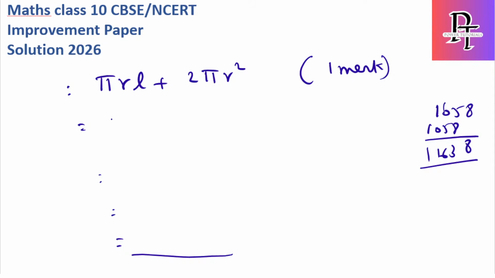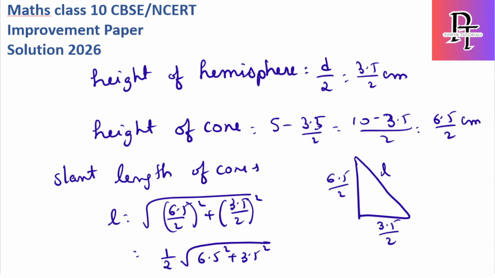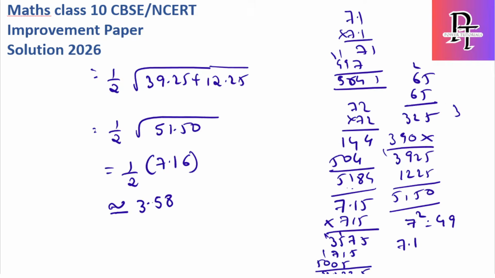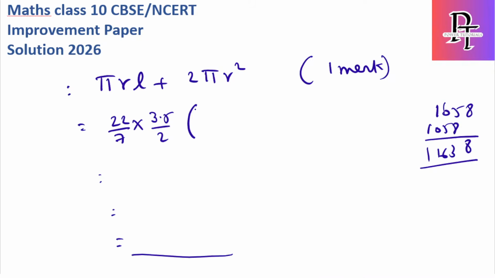So pi r is common. So 22/7 into r value, which is 3.5 by 2, into L value. L value, how much did we get? L value is 3.58, plus 2 into R value, which is 3.5 by 2. Okay, 2 gets cancelled out.